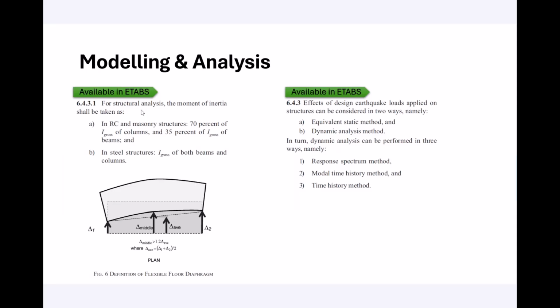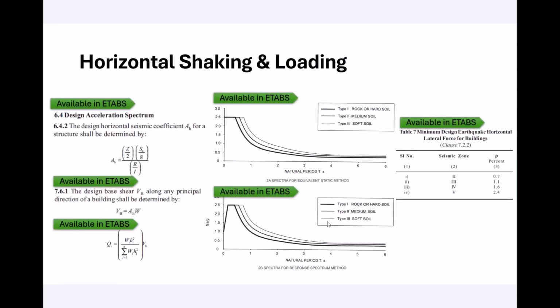But in today's discussion, we will restrict ourselves to equivalent static and the response spectrum method. So the equivalent static method, it is automated in the program. So that's why I have written on those clauses available in ETABS for your quick understanding. So this is already available to you. We will see those in the model.